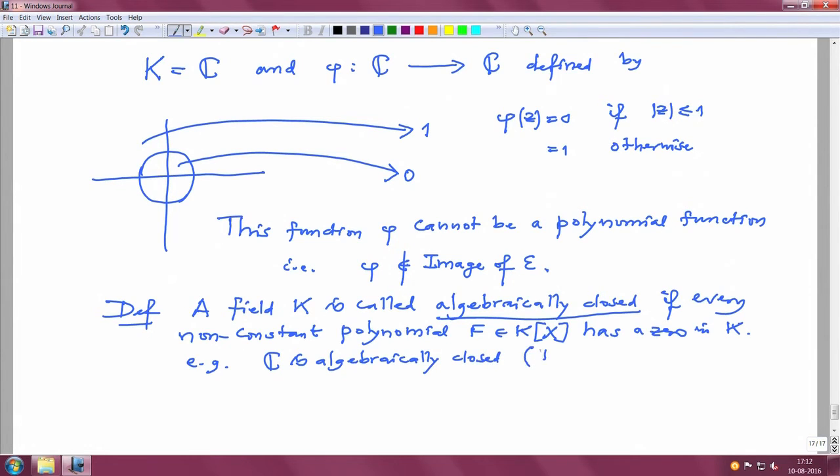This is D'Alembert-Gauss. Incidentally, D'Alembert wanted to prove this theorem because he wanted to solve differential equations. This I will do when we do solutions of differential equations. And the fields R, Q, and finite fields are not algebraically closed.